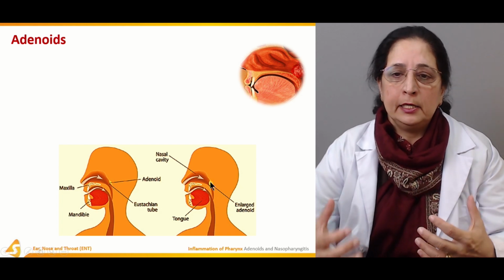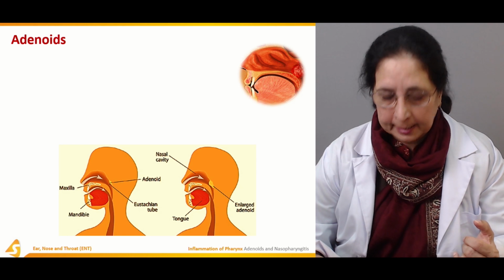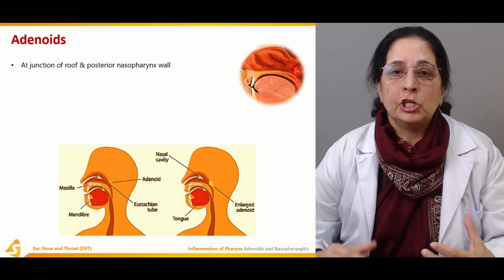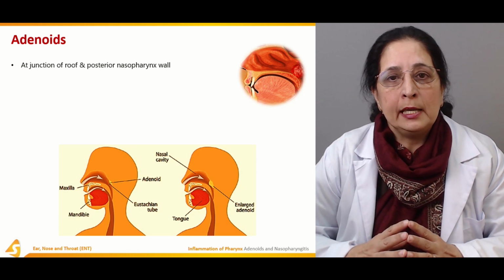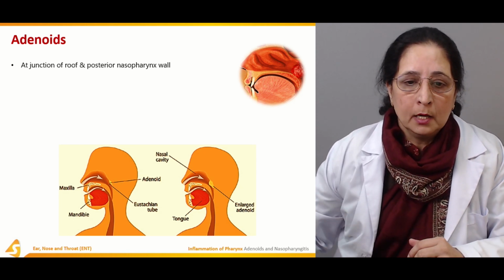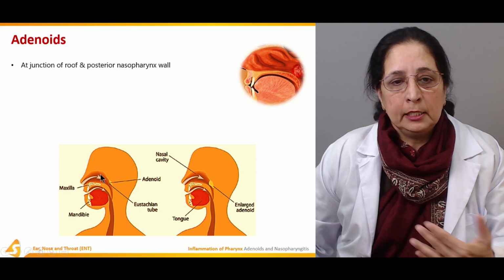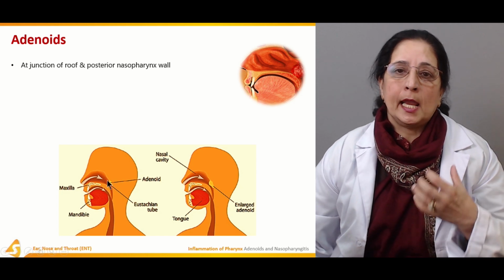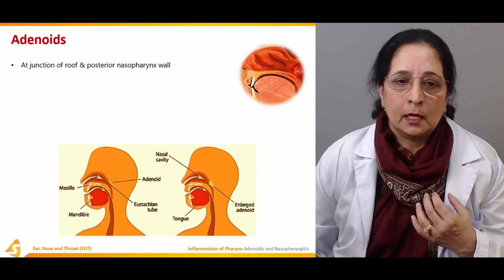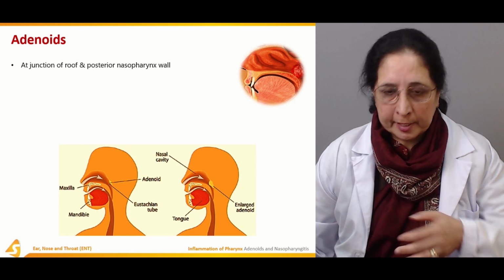So that's where the adenoids are located. They are at the junction of the roof and posterior nasopharynx wall. That's the site where these adenoids are present.